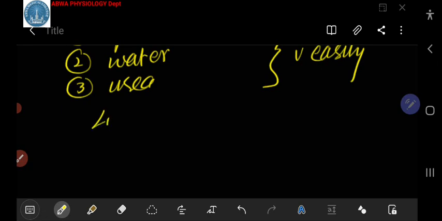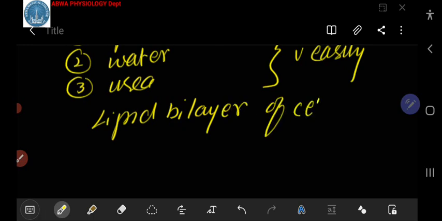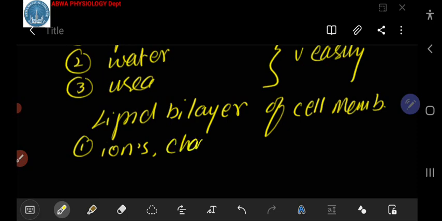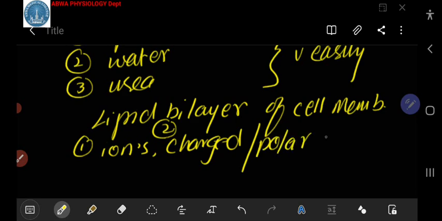The lipid bilayer of the cell membrane is nearly impermeable to lipid insoluble substances, such as number 1, ions, number 2, charged or polar molecules such as glucose.